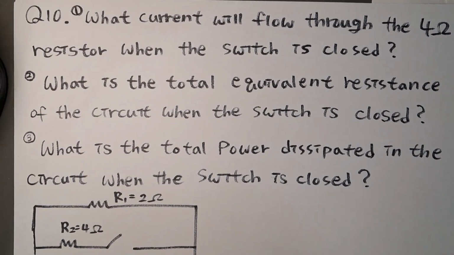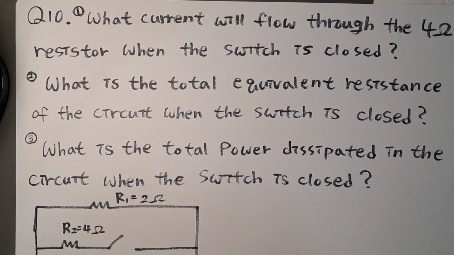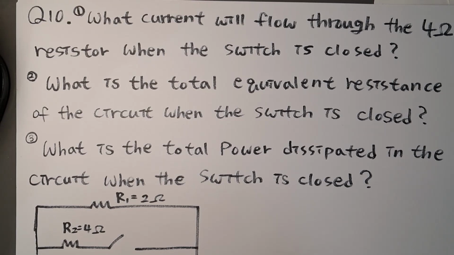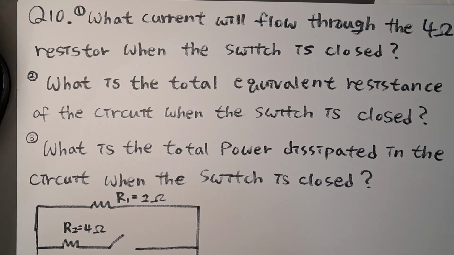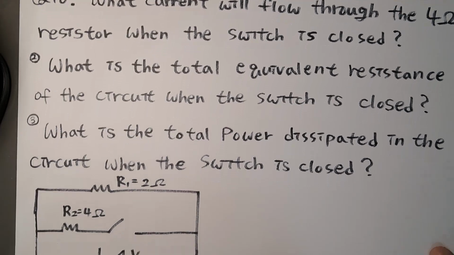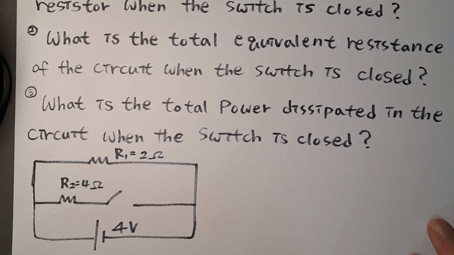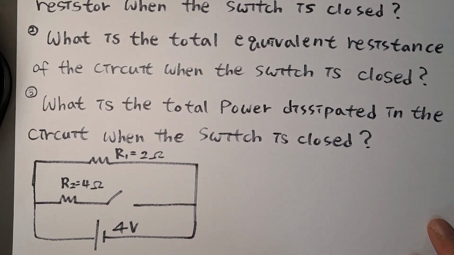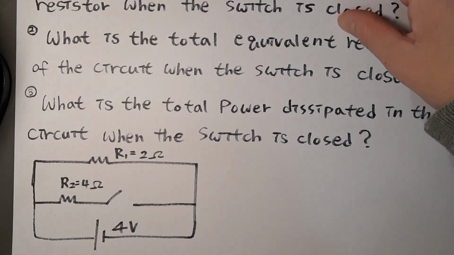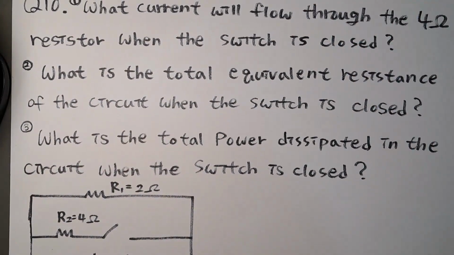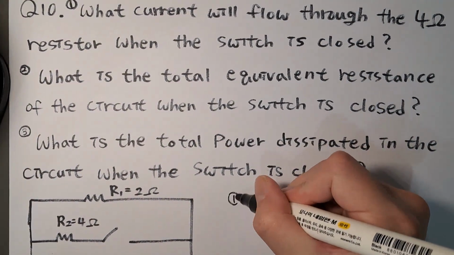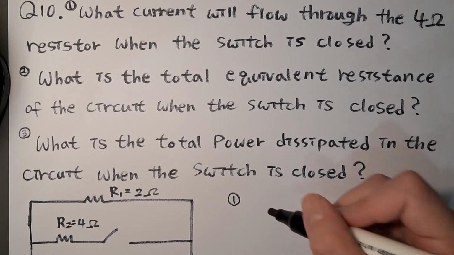What current will flow through the 4 ohm resistor when the switch is closed? What's the total equivalent resistance of the circuit when the switch is closed? What is the total power dissipated in the circuit when the switch is closed? So we are going to find the resistance of the parallel circuit.